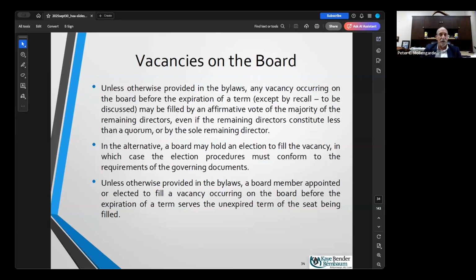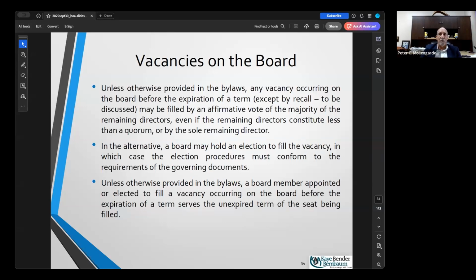Any vacancy occurring on the board before the expiration of a term, not including recall, may be filled by an affirmative vote of the majority of the remaining directors, even if there's only one remaining director. In the alternative, rather than the board appointing those replacements, the board can hold an election to fill the vacancy, provided the election is held in accordance with the requirements of your documents to hold elections.